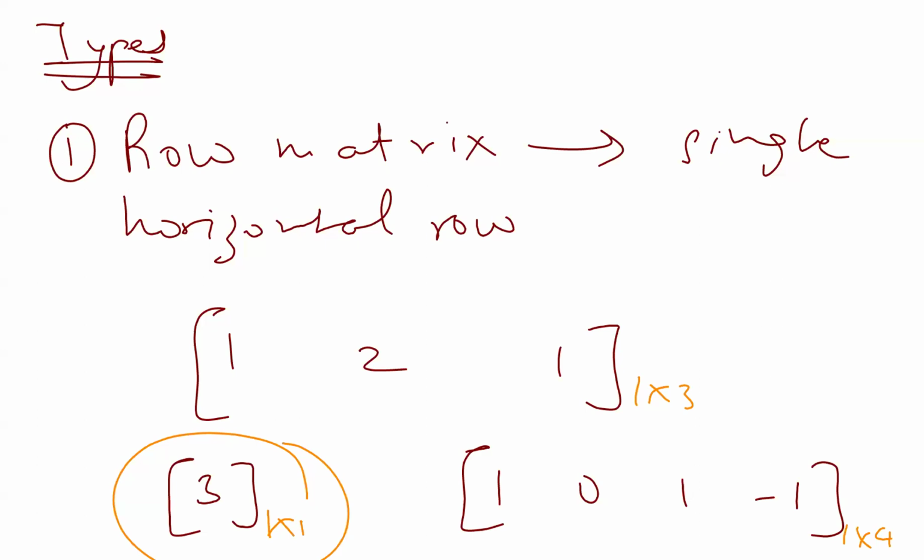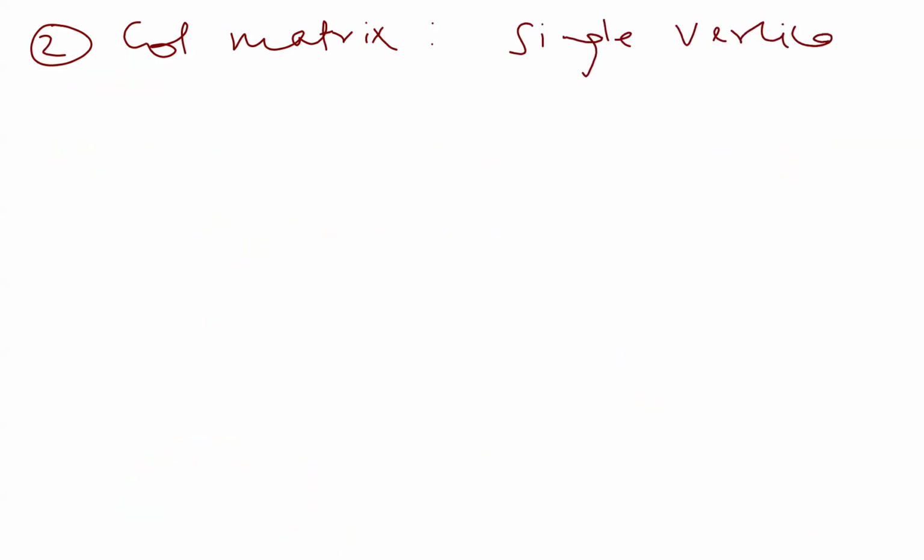We'll proceed further. I hope everybody has copied this. Second one, column matrix. It has a single vertical column.